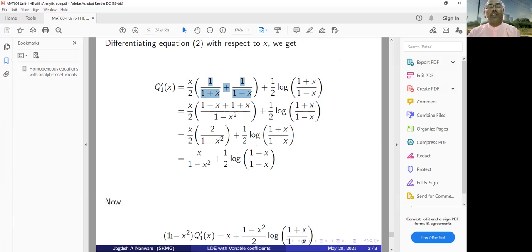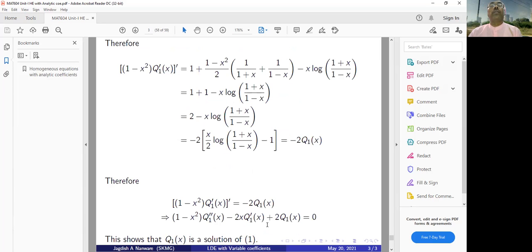Now multiply this equation by 1 minus x square. This will give x times 1, since 1 minus x square upon 1 minus x square is 1, and here we will get 1 minus x square upon 2, times the log term. Now we differentiate this to get the second derivative.